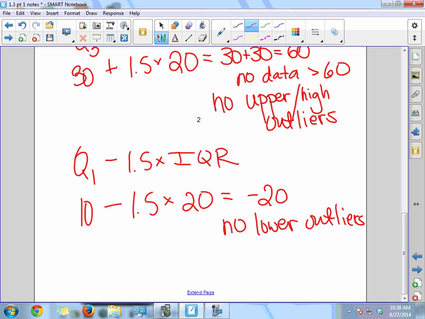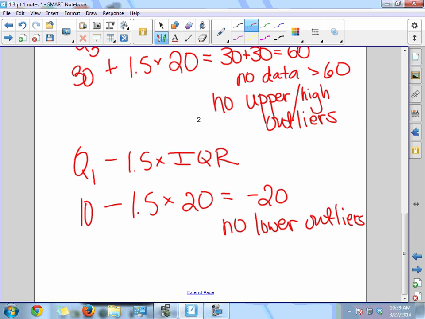Now, if you were making a box plot and they specifically told you to check for outliers, then you would have to use this formula and actually check for outliers. So I wouldn't say waste your time, but don't spend a lot of time actually trying to use this formula to calculate them, because generally when we're looking at a graph and we're describing it, it's all just kind of approximate.